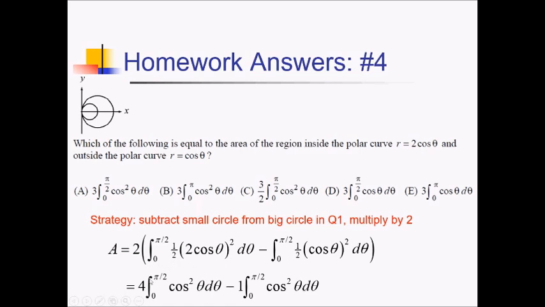So I've got 4 of this integral minus 1 of the same integral, basically. Well, just combining like terms, that's going to be 3 of those integrals. So that's going to be, let's see here, which answer choice? We need a square in there, so that looks like answer choice A.